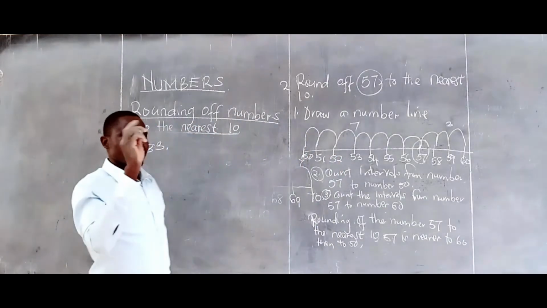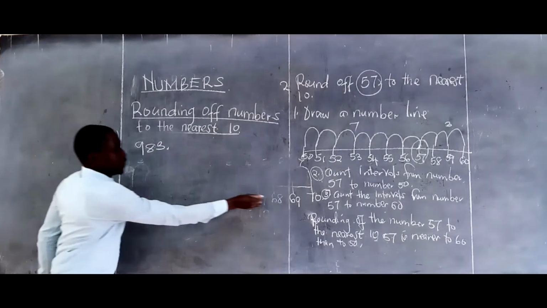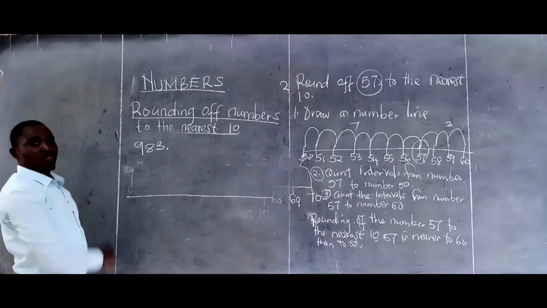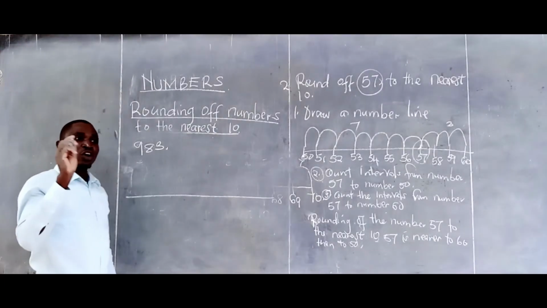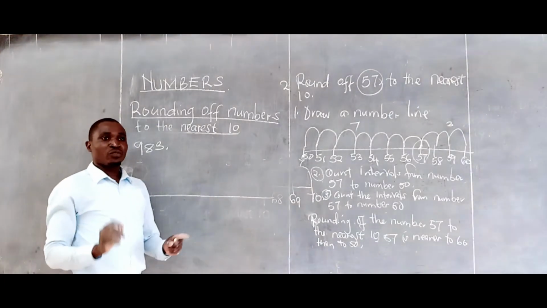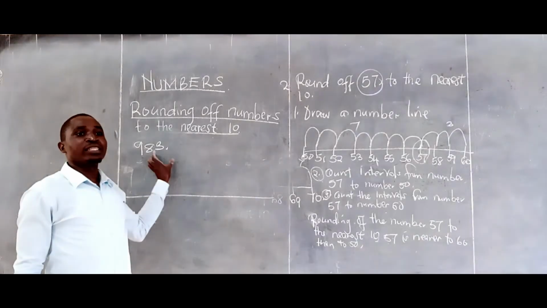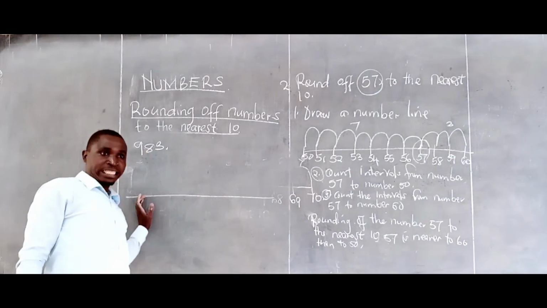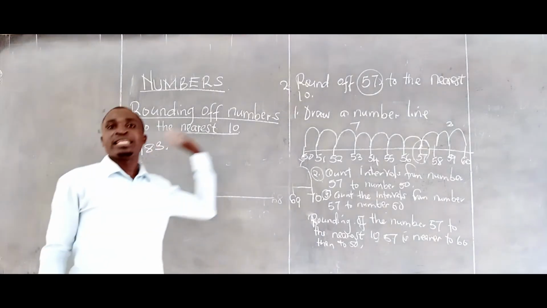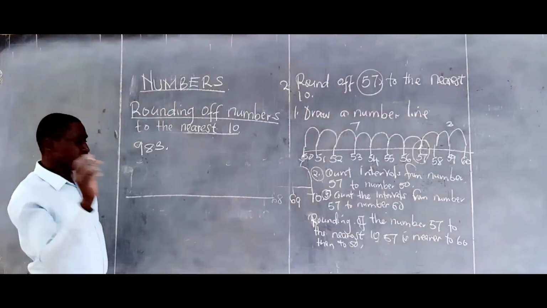In this case, step number 1 is, that one is my number line. I am going to write these numbers, from 980 up to 990.